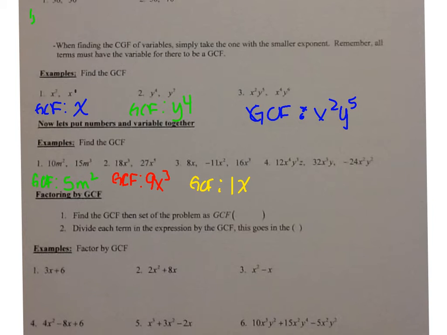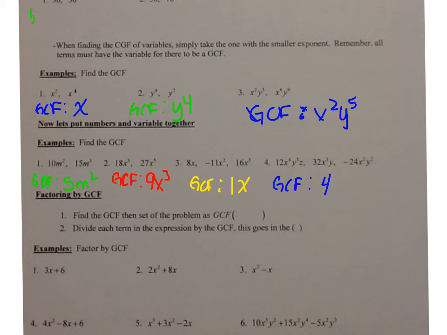All right, so let's take a look at 4. 12x to the fourth, y to the third, z. 32x to the third, y. And negative 24x squared, y squared. So let's start with 12, 32, and negative 24. What's the largest number that goes into all 3 of those? That would be 4.